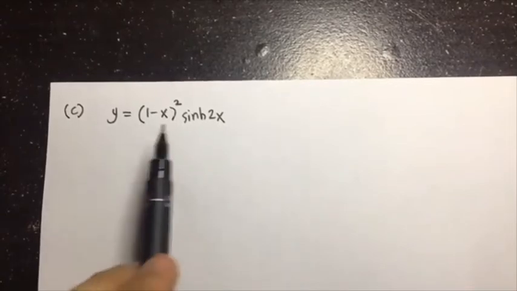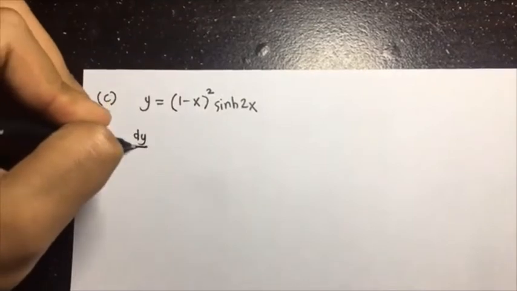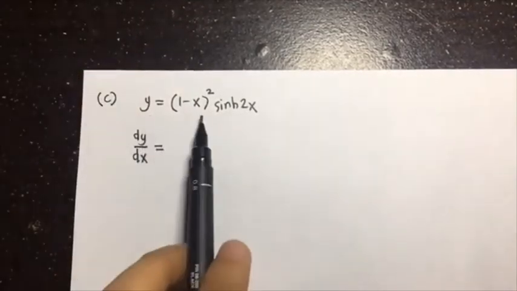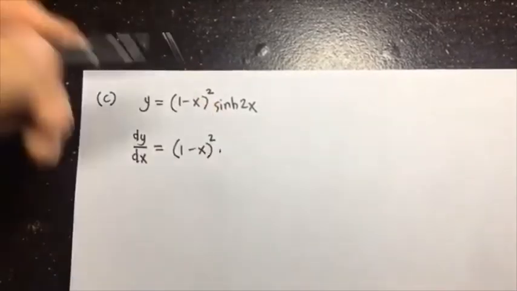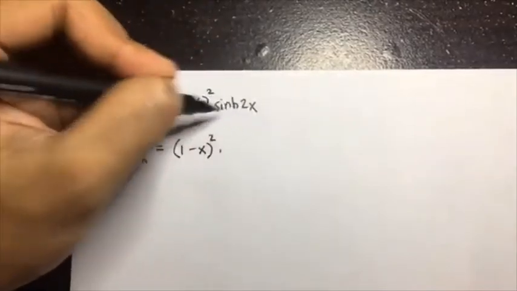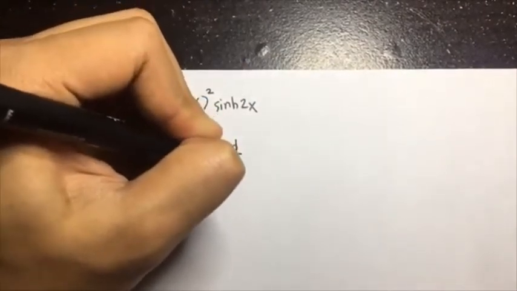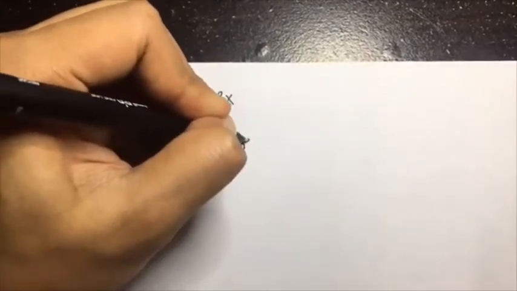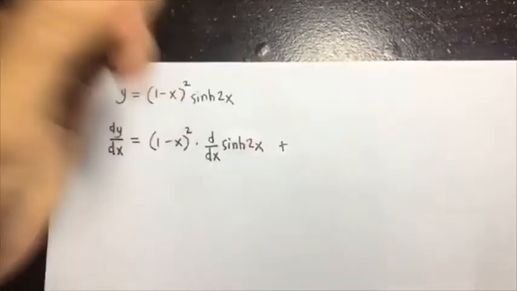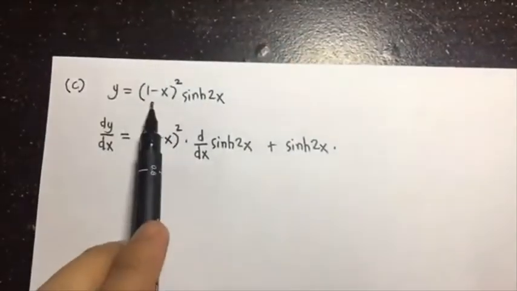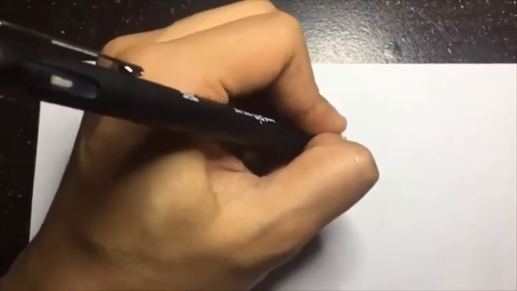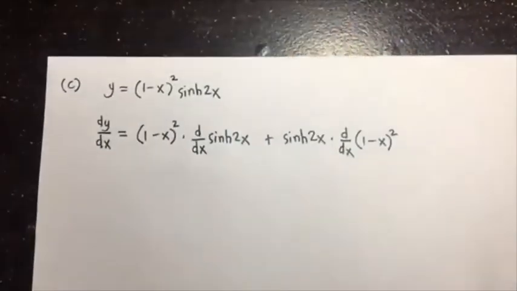Applying the product rule, our dy over dx is equal to the first factor, 1 minus x squared, multiplied by the derivative with respect to x of the second factor, the derivative of hyperbolic sine of 2x, plus the second factor, hyperbolic sine of 2x, multiplied by the derivative of the first factor, the derivative with respect to x of 1 minus x squared.